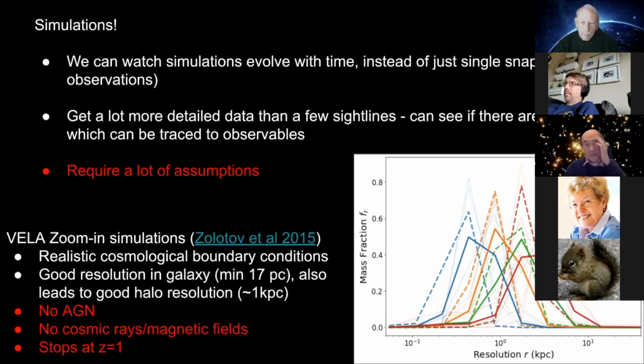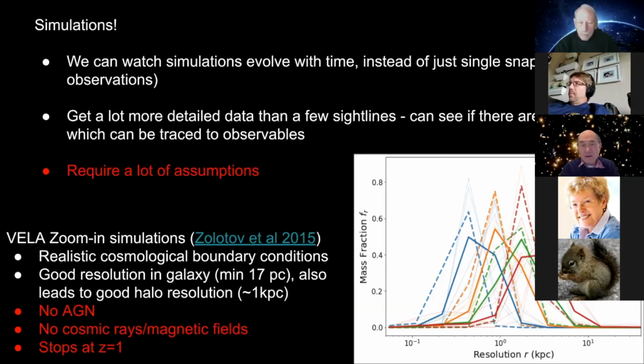The inner halo, 0.1 to 0.3 RVIR, has less than a kiloparsec resolution. If we look at this dashed line, which is the main galaxy I'm going to be studying, Vela 7, for 0.3 to 0.6 RVIR it's about 1 kiloparsec, and for 0.6 to 1 it's between 1 and 2 kiloparsecs. So pretty good resolution in the halo as well.